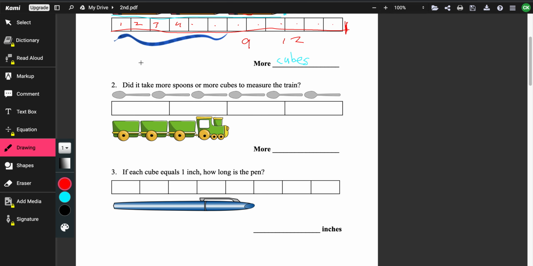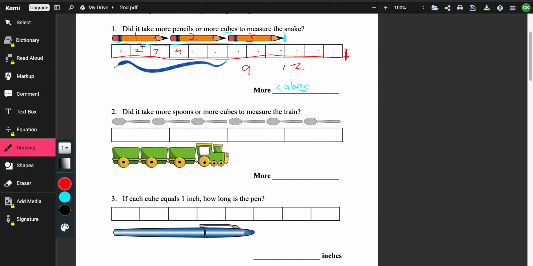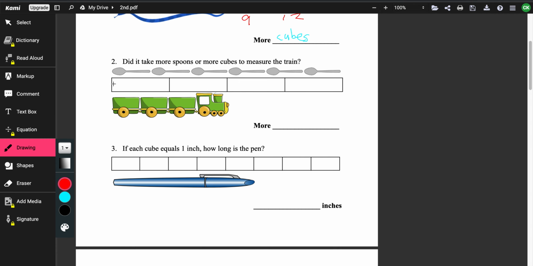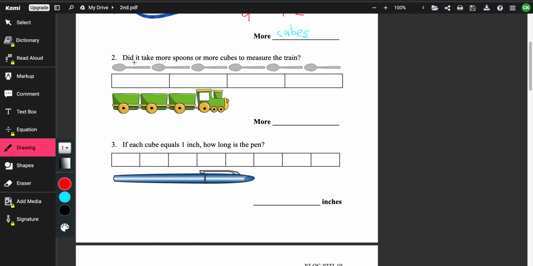So let's take a look at number 2. Did it take more spoons or more cubes to measure the train? And like before for number 1, which I made a mistake, sorry, you would actually count the amount of spoons and cubes used to measure the train. So let's count the amount of spoons that were used.